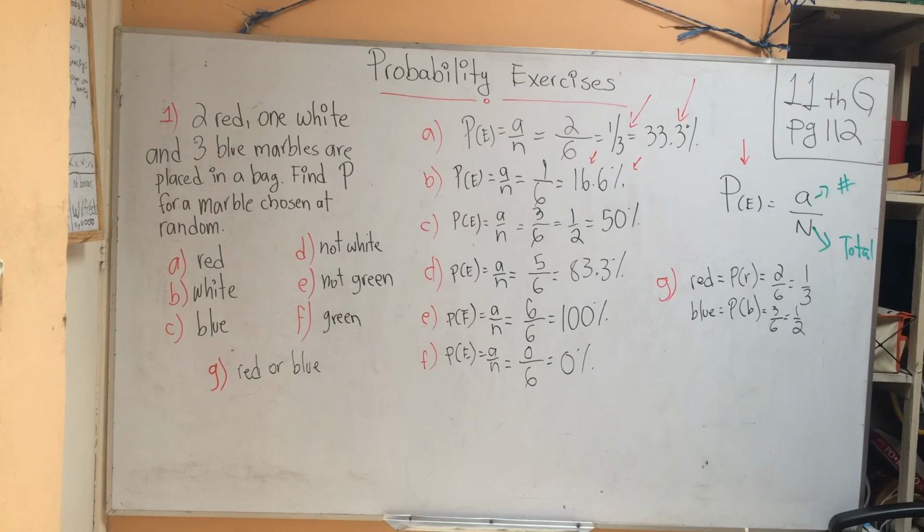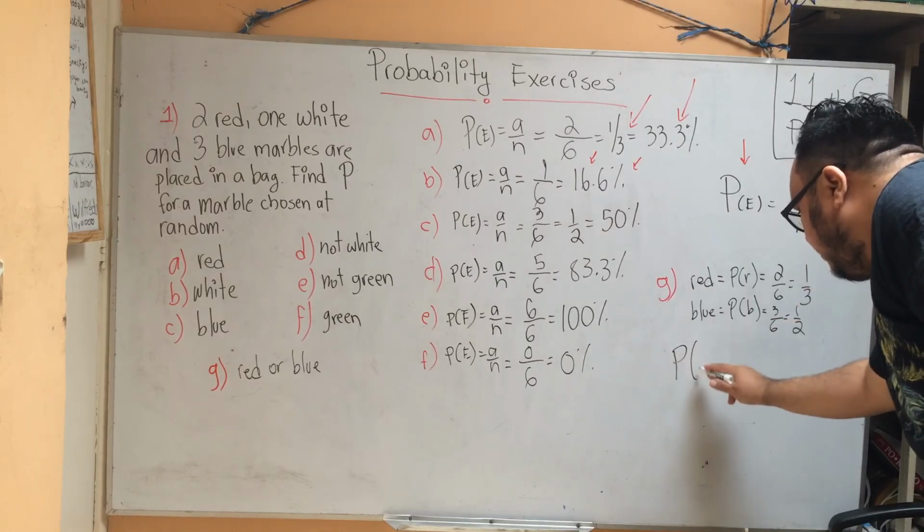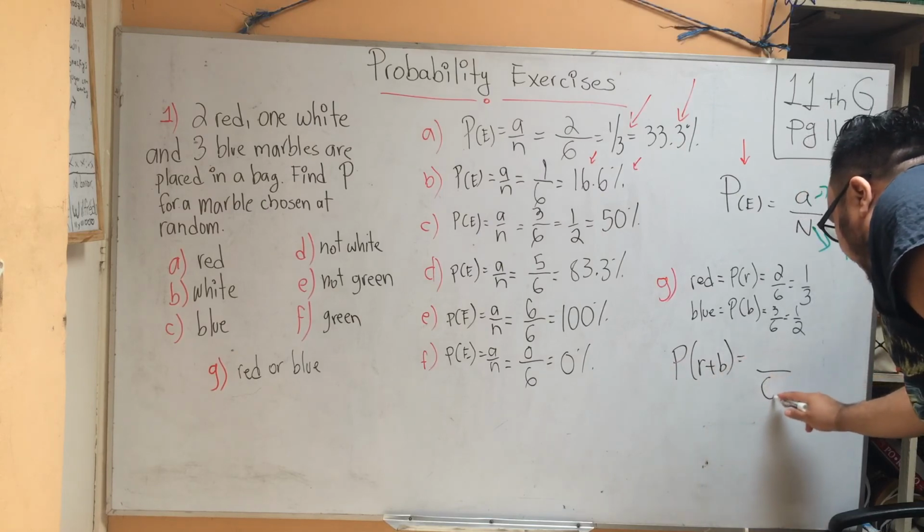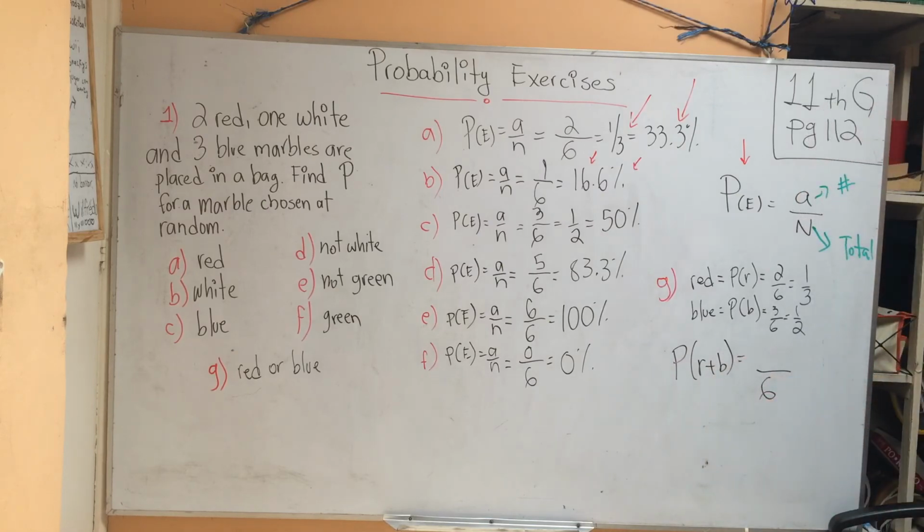Here we do not add as if they were fractions. I'm just putting them separately so that you see them. But when we have the probability of red and blue, the total number of options is 6, right?